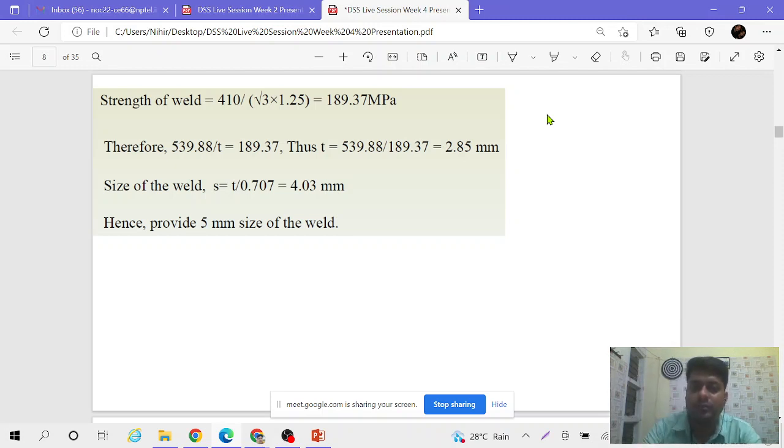Yield. Why yield? Because Fu by root 3 is there, shear stress is generated in the area. That is okay. We are considering shear, because whatever load the fillet weld experiences, it transfers through shear only.